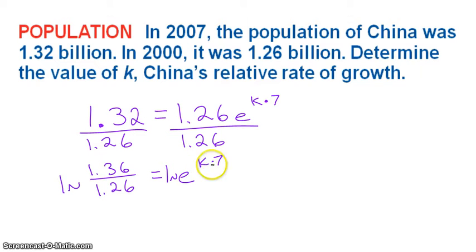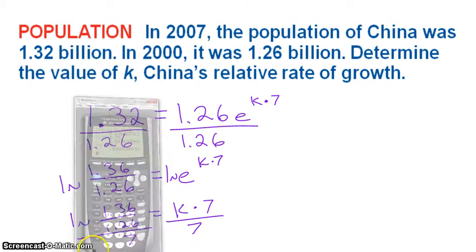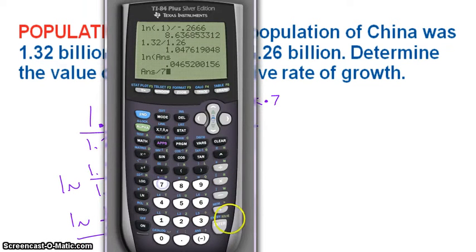And then since this will be out in front, I'll just have k times 7. If I want k all by itself, I'll just take that answer I just got and divide by 7. So, I have 0.0066457.